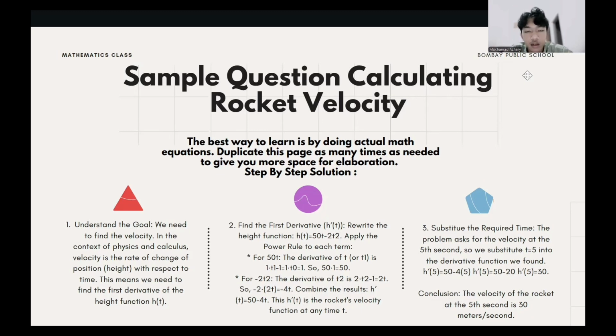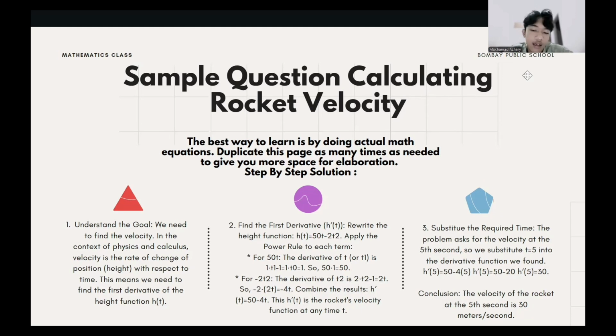So negative 2 times 2t equals negative 4t. Combine the results: h prime of t equals 15 minus 4t.